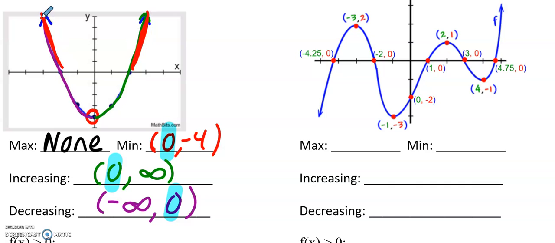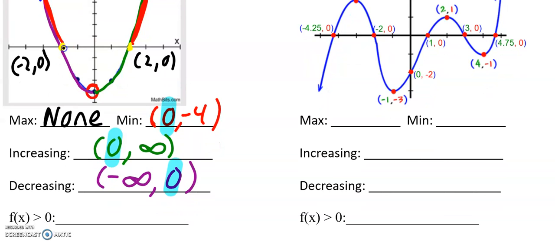And remember, I want to answer that in terms of x values. Now what I have to use are the x-intercepts. So I have an x-intercept here, and I have an x-intercept here. Where are those located? This, we're going to say, is at -2, 0, and this is at 2, 0.